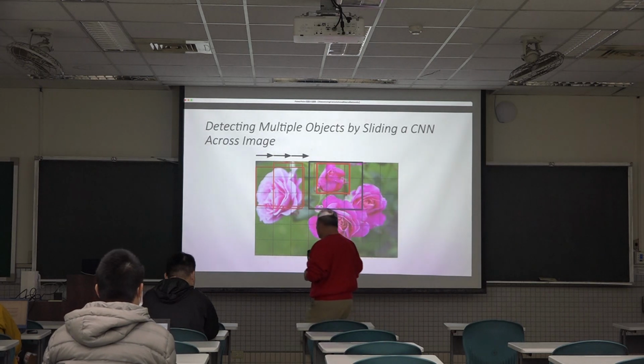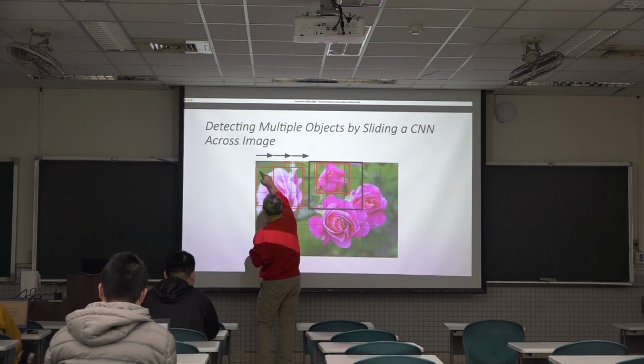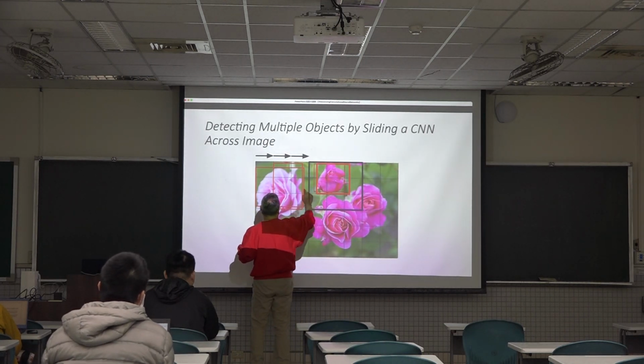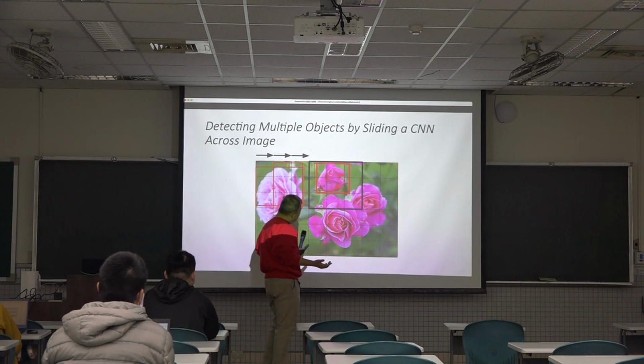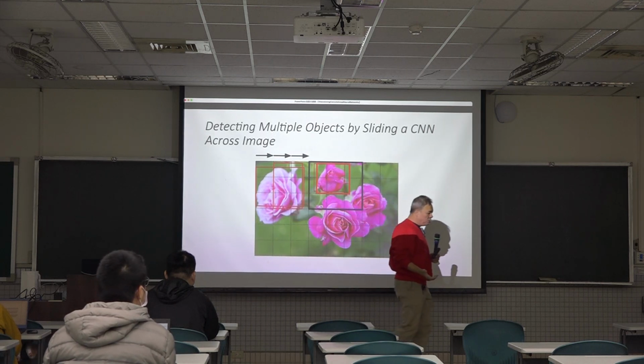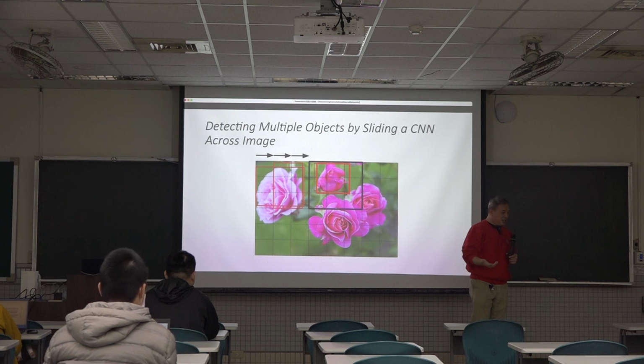So you can imagine, when this 3 by 3 window is here, most of this flower is bounded, but it's not completely bounded. So this objectness may be like 0.7, something like that.